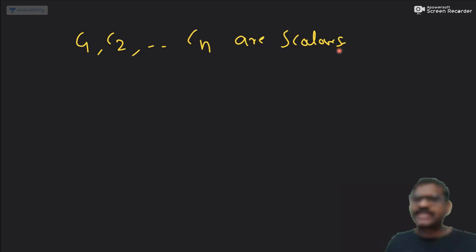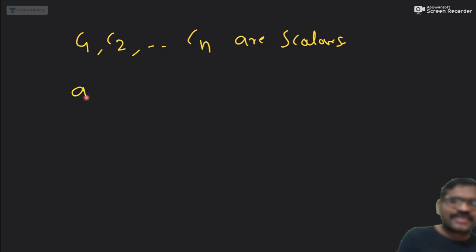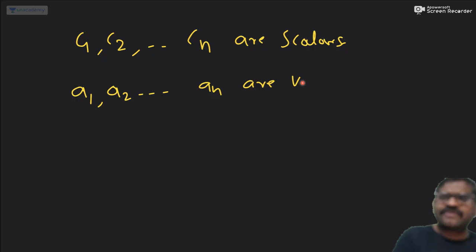Instead of x1, x2, xn as vectors, they have provided a1, a2, an. A1, a2, an are vectors in R power n.